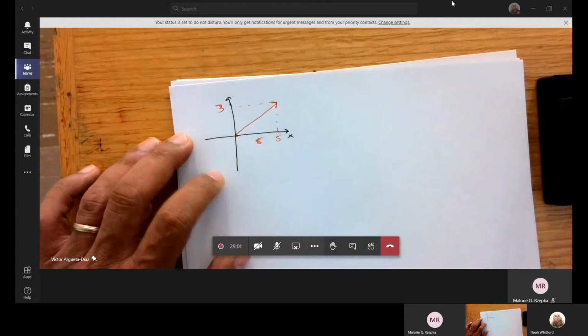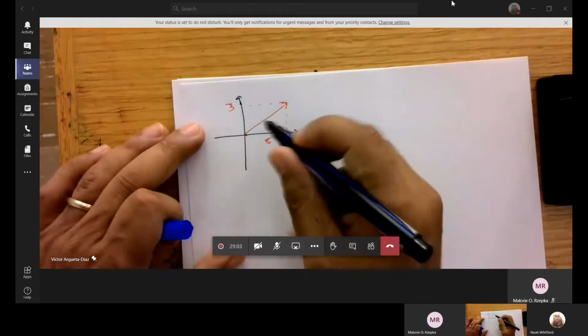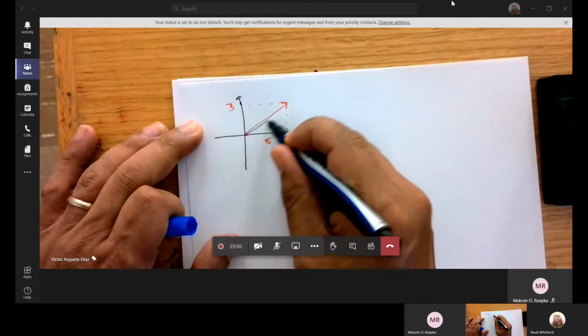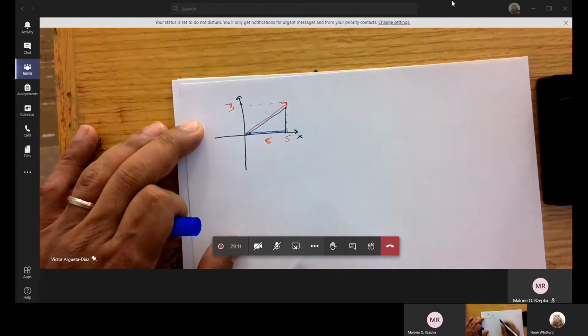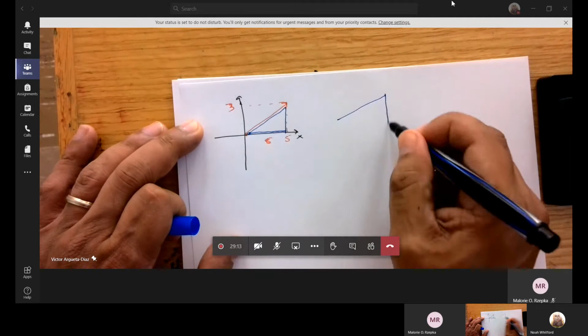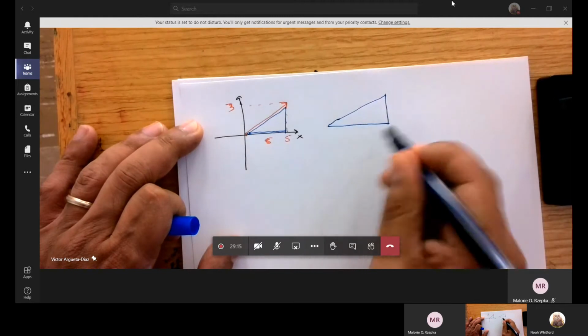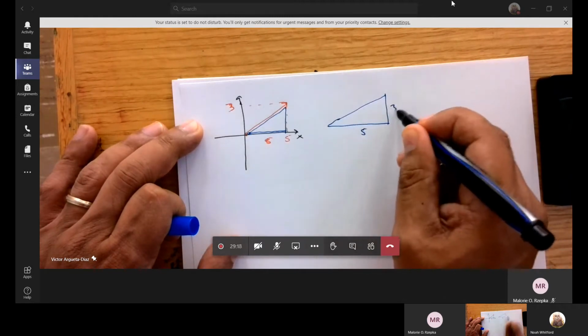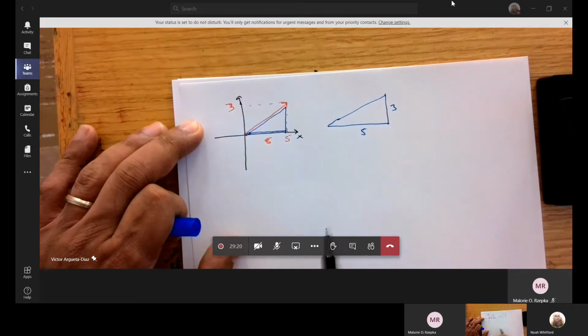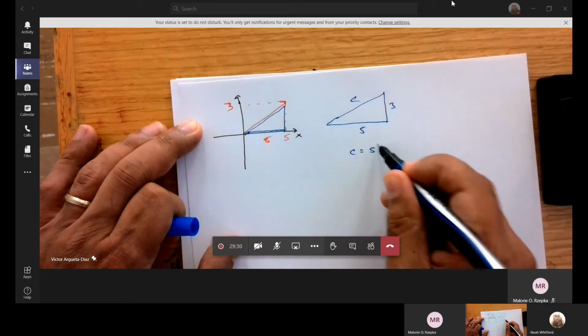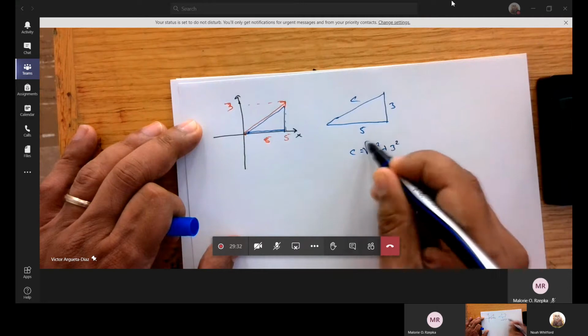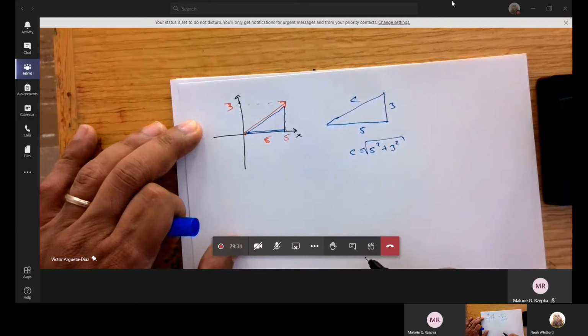And here you can see that I have a right triangle. One side is 5, the other one is 3. So if I ask you to calculate the length of the hypotenuse, if this is C, you know that C is going to be the square root of 5 squared plus 3 squared.